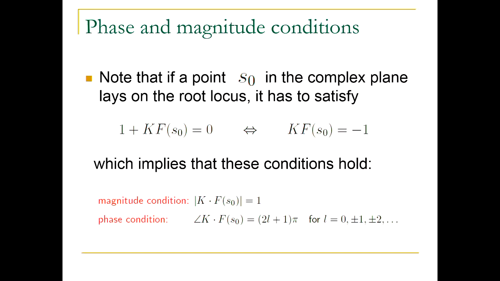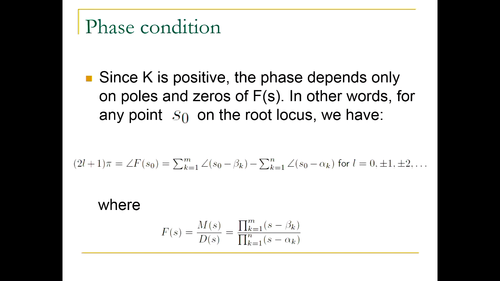That's what's rewritten here. But the phase of f can be rewritten as the sum of all phases of S0 minus beta k, minus the sum of all phases of S0 minus alpha k. Beta k's are zeros and alpha k's are poles. I remind you that the alpha k and beta k come from here. So this is a simple formula on how to calculate the phase.